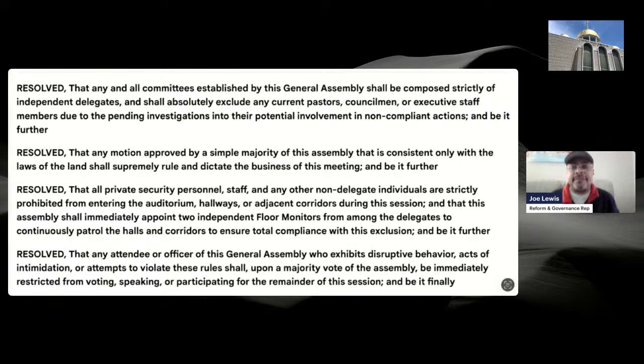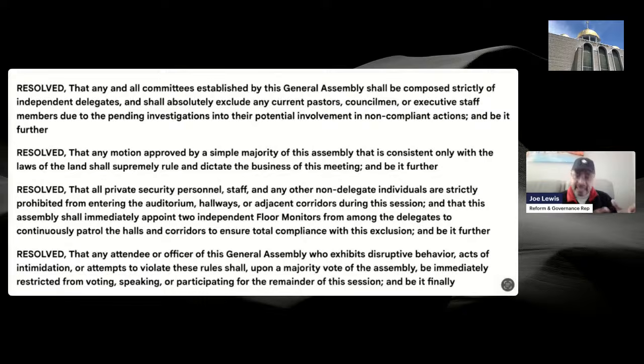Be it further resolved that any and all committees established by this General Assembly shall be composed strictly of independent delegates and shall absolutely exclude any current pastors, councilmen, or executive staff members due to the pending investigations into their potential involvement in non-compliant actions.